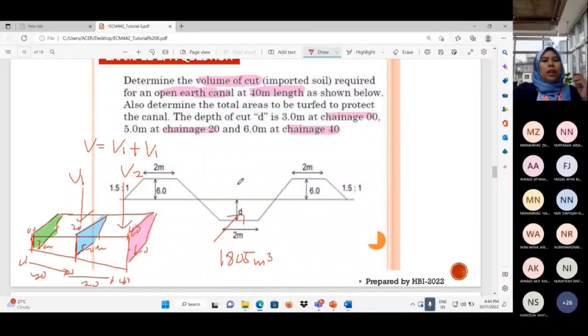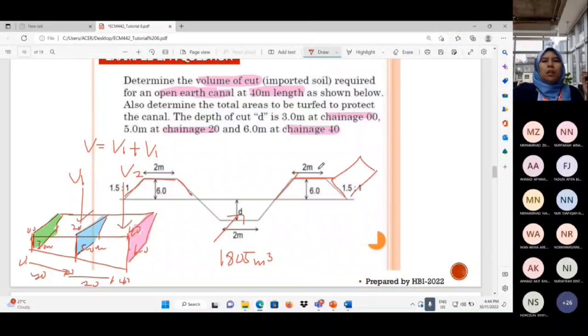So dia nak tahu adakah tanah ini mencukupi untuk you construct this embankment. Embankment di sebelah bersebelahan dengan canal, kan? As canal tu bersebelahan. So dalam soalan ini, dimension of both embankment ni sama.